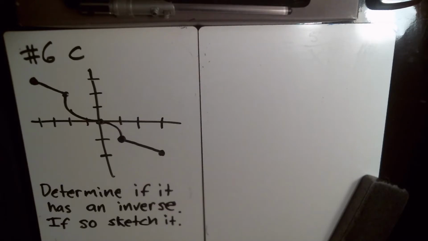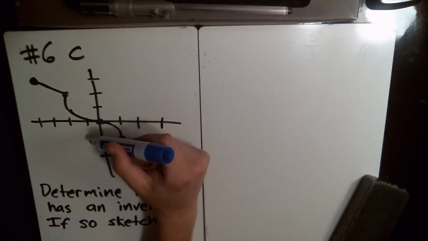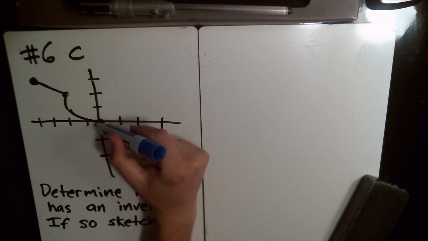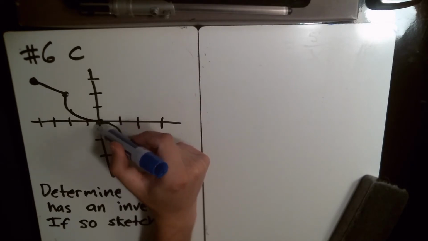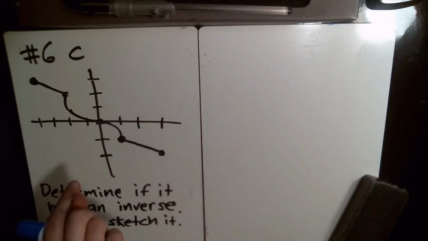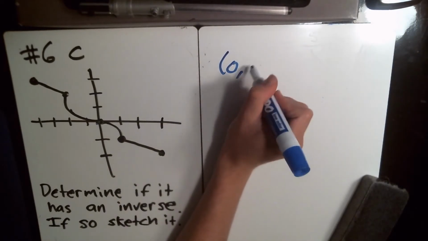So we're going to sketch that inverse. The inverse is what happens when you switch x and y, okay? So like this point right here, we're at 0, 0, right? And when I switch 0 and 0, I'm at the point 0, 0.